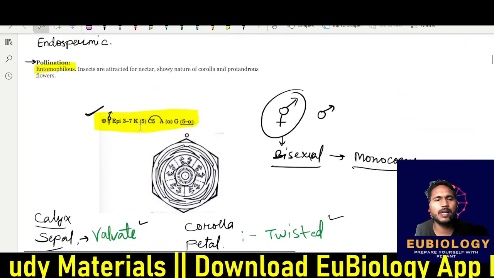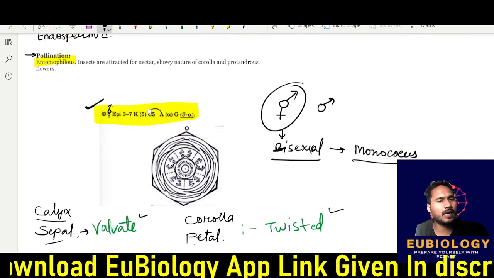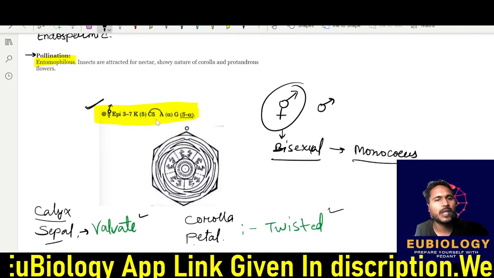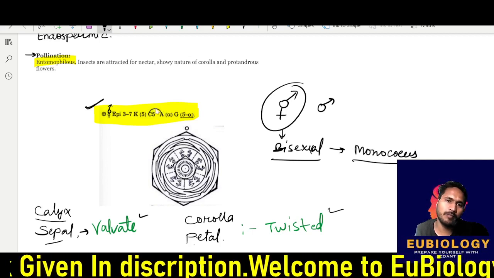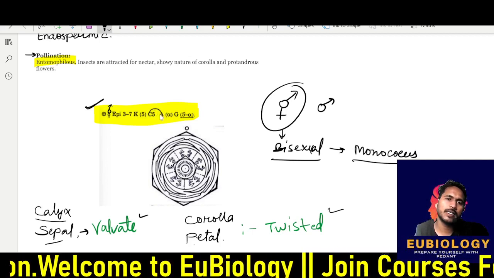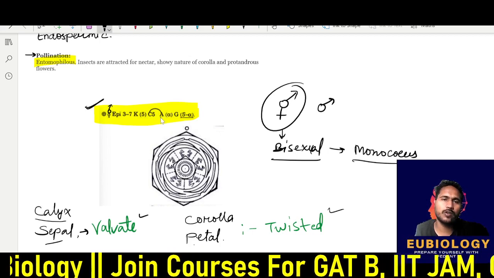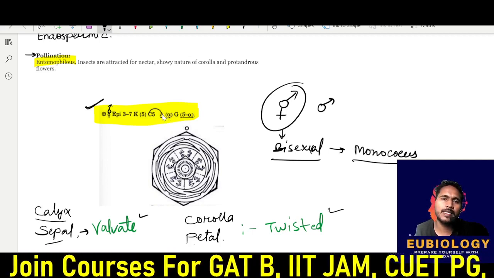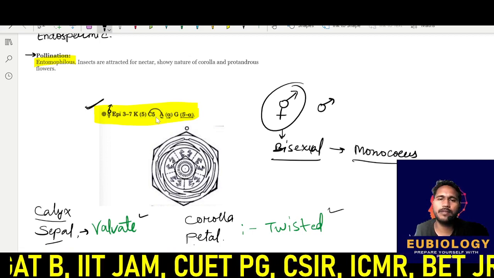Then there will be the epicalyx, and the calyx, 5 in number, which are attached, gamosepalous, and then C5, with a bridge kind of arrow. This is called epipetalous, meaning the androecium is infinite and attached with the corolla, and the corolla is 5 in number.